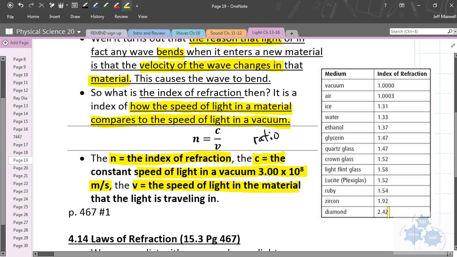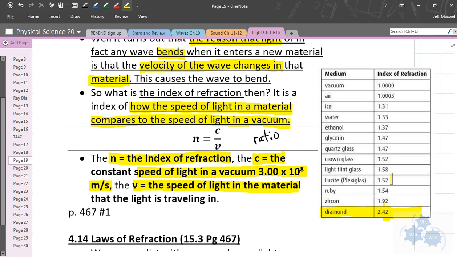And so diamond has a very large index of refraction. Look at how it jumps here. And that's really important. When you get into the applications in this chapter, one of them is why diamonds are so sparkly, and it's because of the high index of refraction.